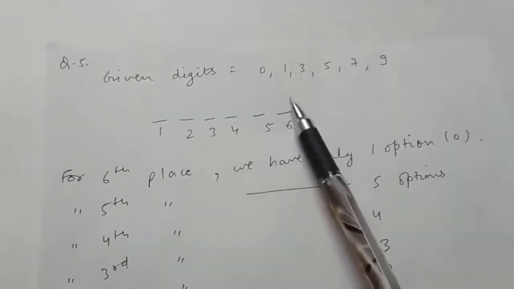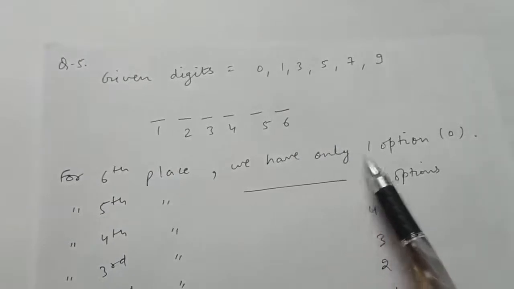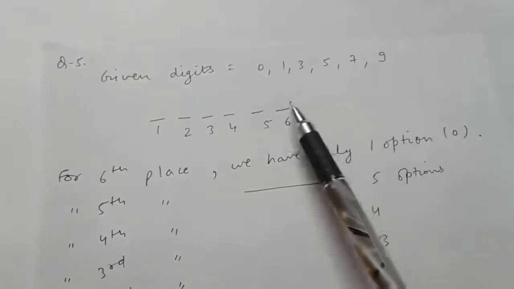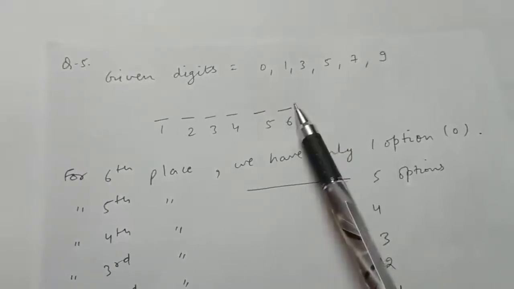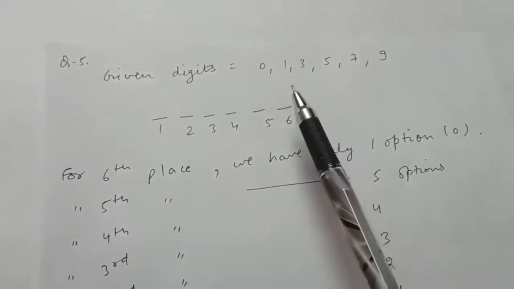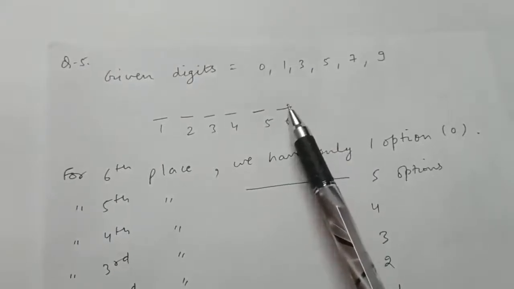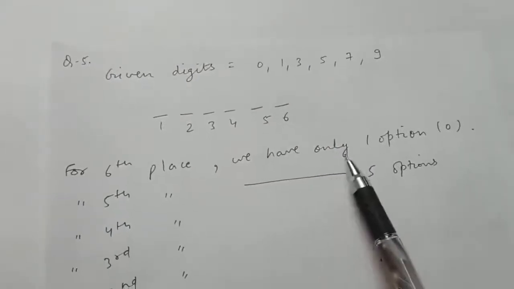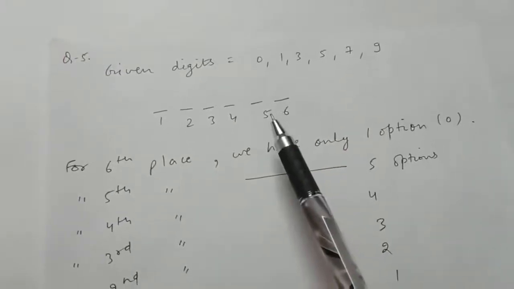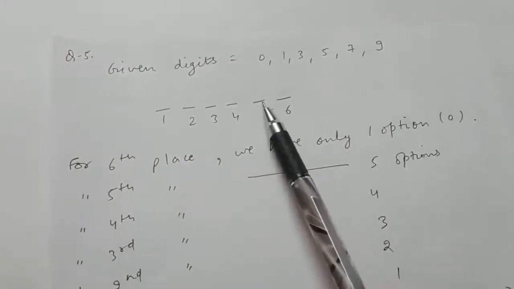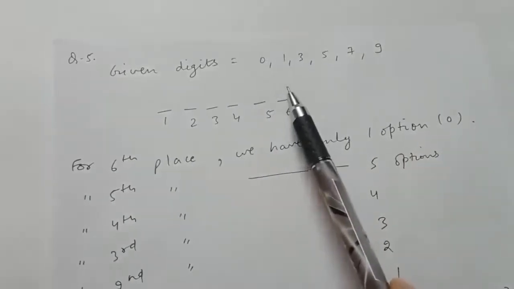Also we want to make the number which is divisible by 10. Therefore at the 6th place there is only one option, that is 0, because this number will be divisible by 10 only if the unit place is filled with 0, right? Therefore for the 6th place we have only one option, 0. Now because digits cannot be repeated, for the 5th place out of these 6, one option 0 has been used here.